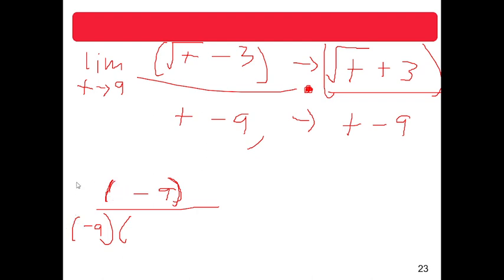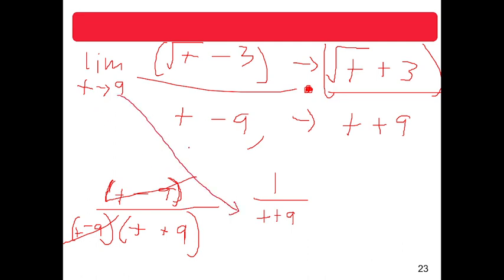Okay, so in this case, you could see that we could cancel this out, right? So you could have 1 over square root of t plus 3. And what is the value of your t?